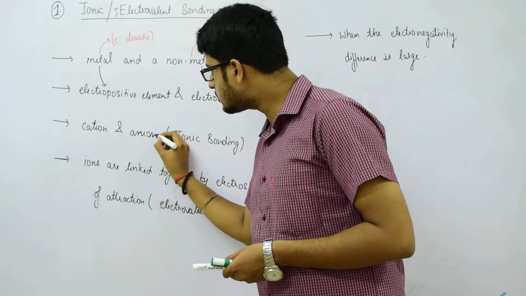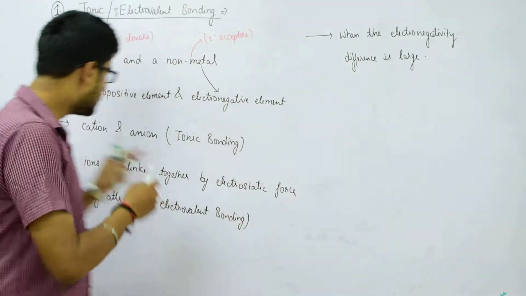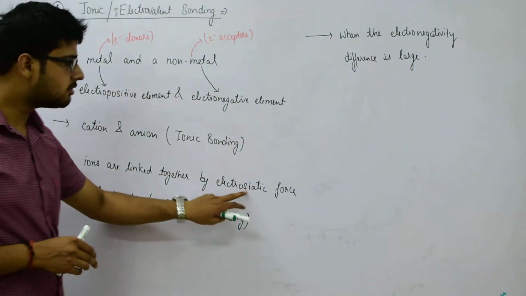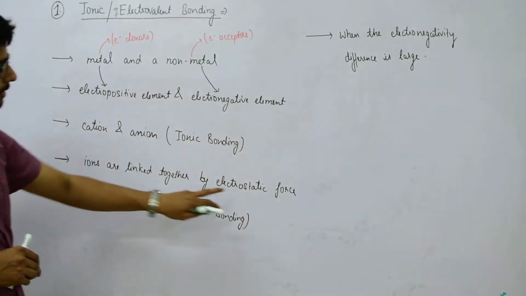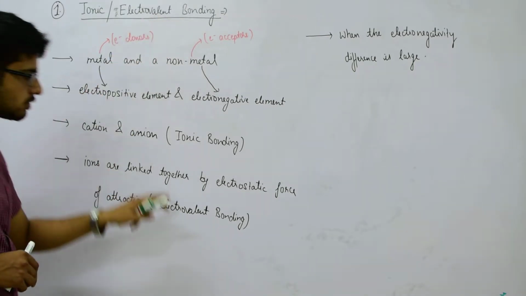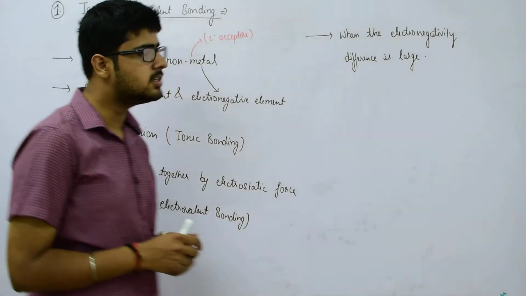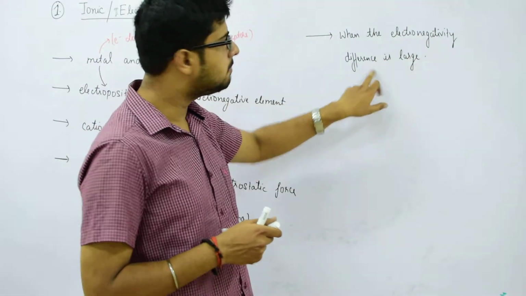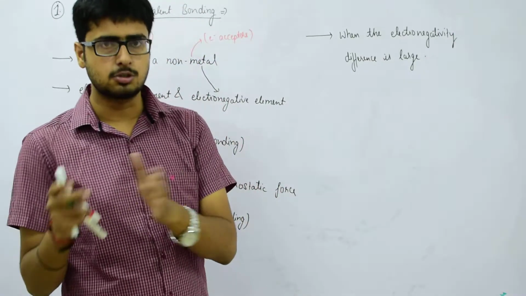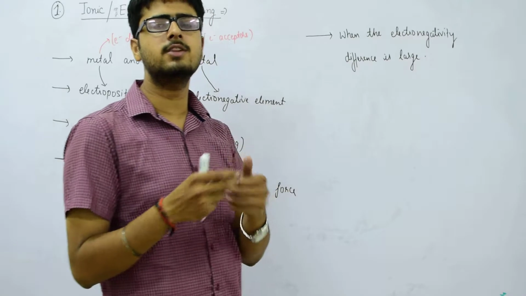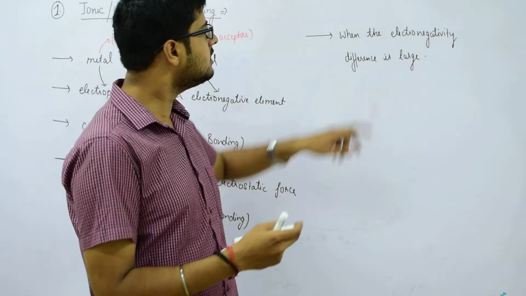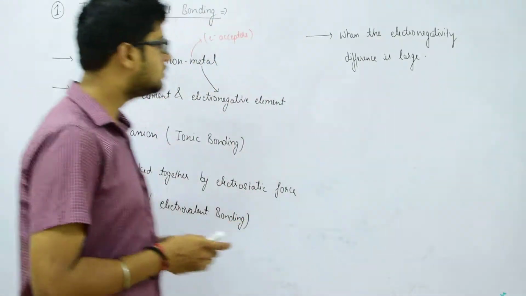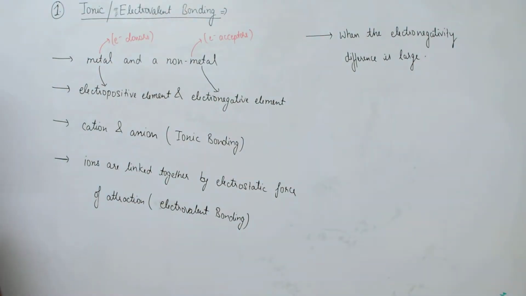It is called electrovalent bonding because the cation and anion are linked by electrostatic force of attraction. And the more the electronegativity difference between the two combining atoms, the greater is the possibility of formation of ionic or electrovalent bond. So this was the introduction about electrovalent bonding.